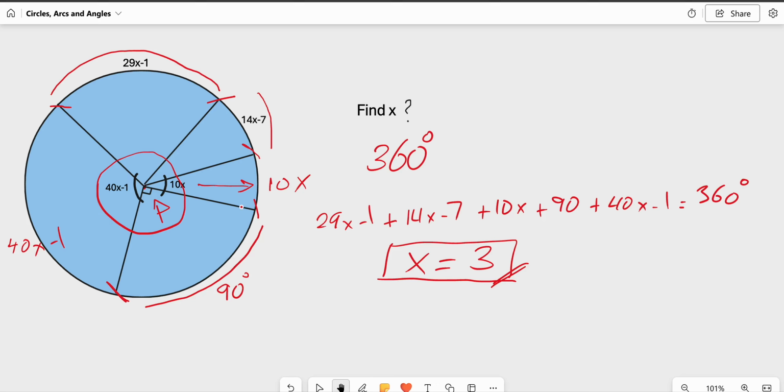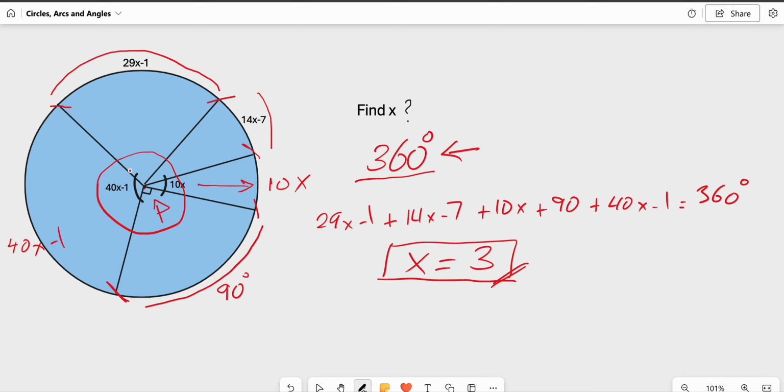Simple, right? Remember, the total circular angle of a circle is 360 degrees. And we have the arcs, and we know that all these arcs added should be equal to 360 degrees, because that's what all the internal angles of a circle add up to.